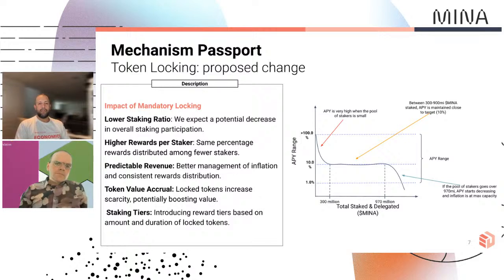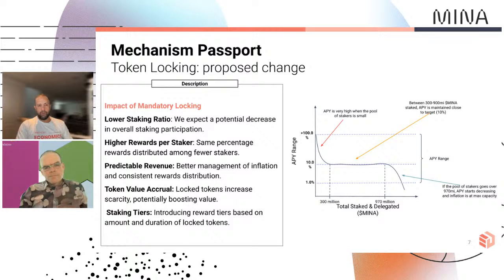But in the future, if we force locking of the staked tokens, some people will decide to do otherwise because they might need their liquidity to do other things. So forcing locking will potentially decrease the overall staking participation. And this is the biggest assumption we're making. We're pretty confident that this will happen to a certain extent.